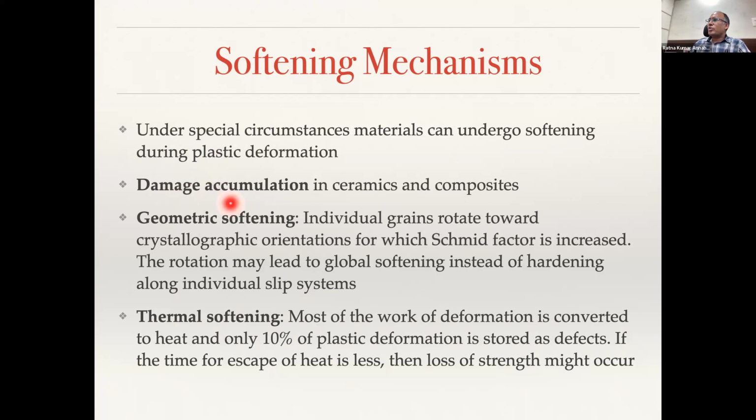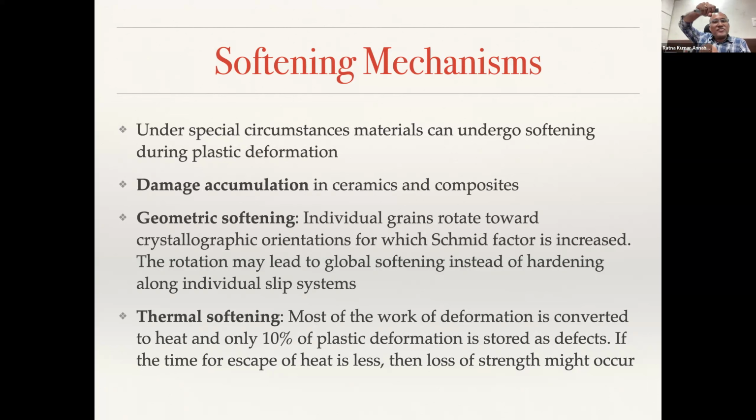There is another mechanism called geometric softening, which basically means that the individual grains, when you are applying the load, are rotating, right? They rotate toward a crystallographic orientation for which the Schmid factor is maximum. So imagine a scenario wherein all the grains are rotating in such a way, oriented along the loading direction, such that your Schmid factor is maximum.